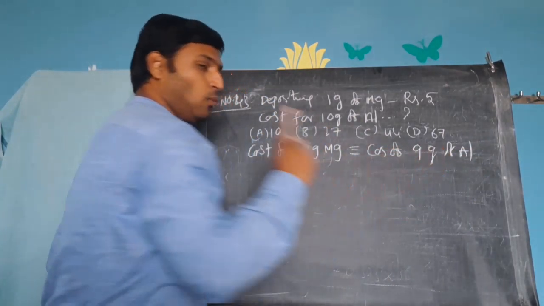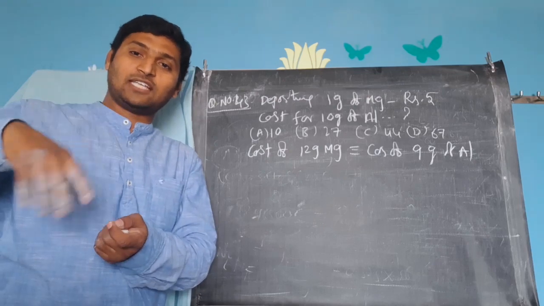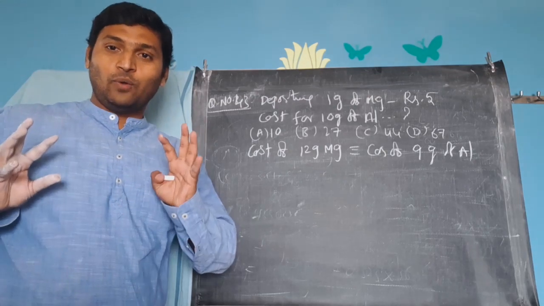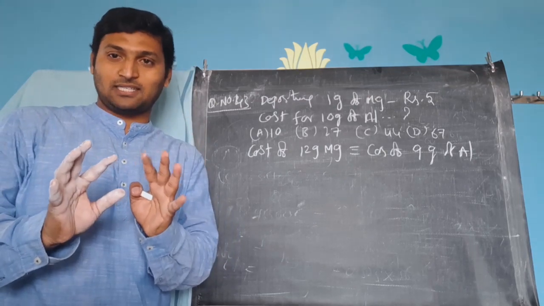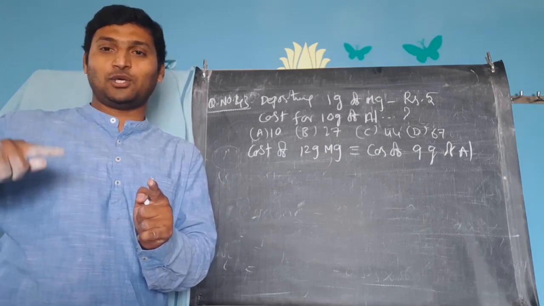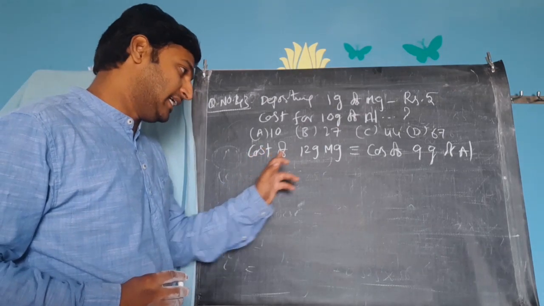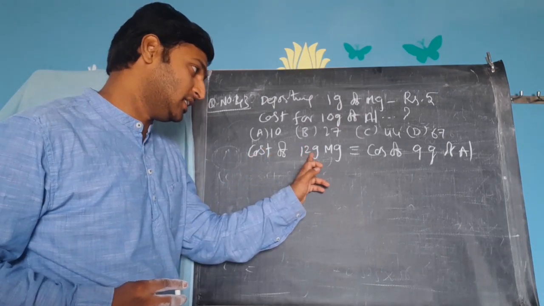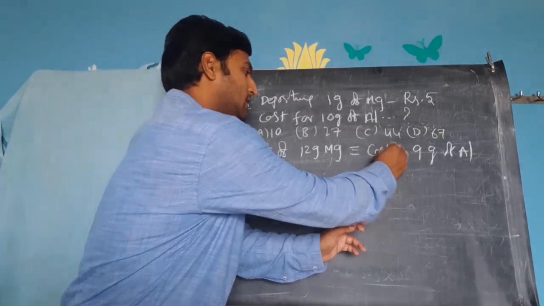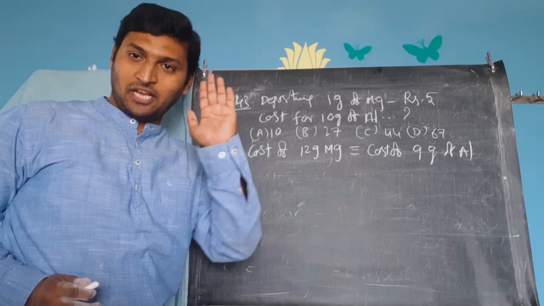Because you know 1 Faraday of electricity deposits the equivalent mass of that substance. As for Faraday's second law also, when you pass the same quantity of electricity, the ratio of masses will be proportional to the ratio of equivalent masses. That's why however much cost it takes for depositing 12 grams of magnesium, the same cost it will take for depositing 9 grams of aluminium, because both of them are their respective equivalent masses.